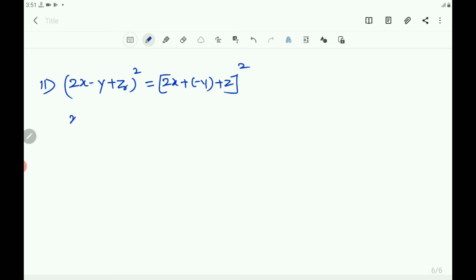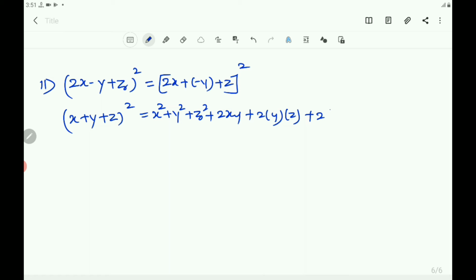Then you write (x + y + z)² equals x² + y² + z²: square of the first term, square of the second term, square of the third term. Next one is 2 into first term into second term, 2xy. Next 2yz, 2 into second term into third term, plus 2zx, 2 into third term into first term.